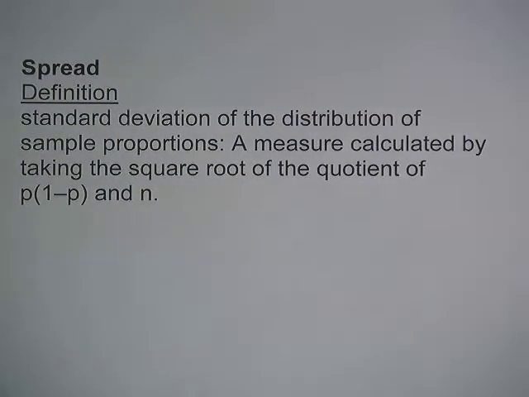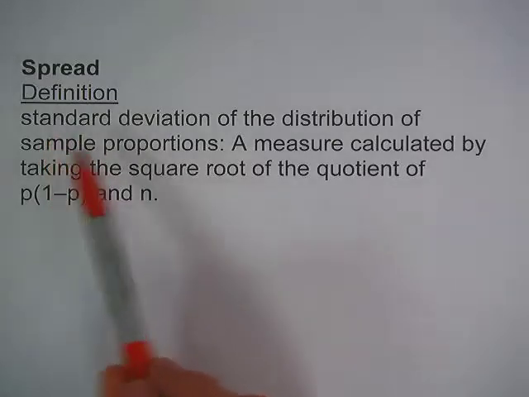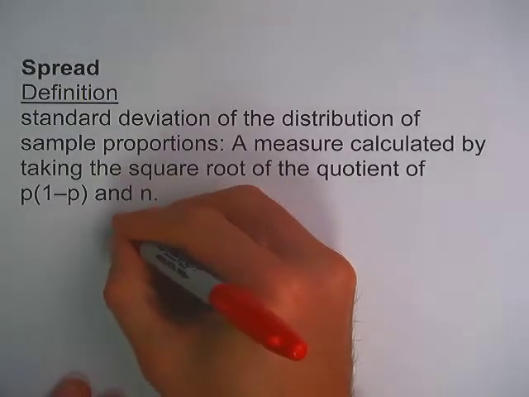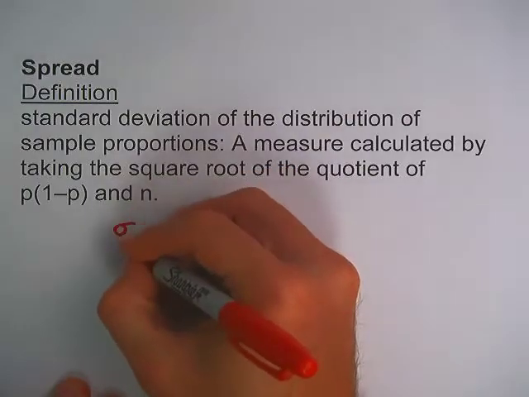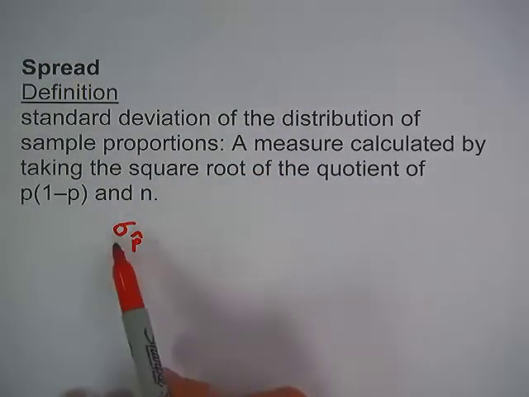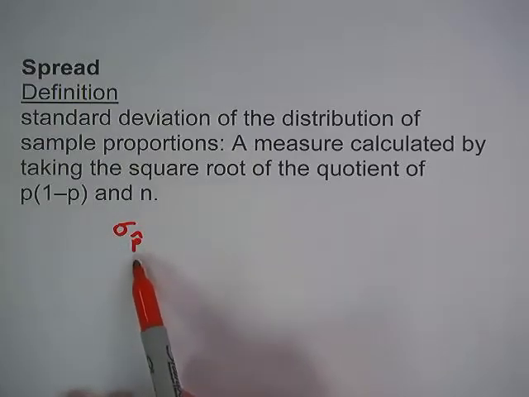So now if we think about the next one, the spread, let's first of all define the standard deviation of the distribution of sample proportions. It is defined as a measure calculated by taking the square root of the quotient of p times 1 minus p and n. So the standard deviation of the distribution of sample proportions is going to be sigma sub p hat.